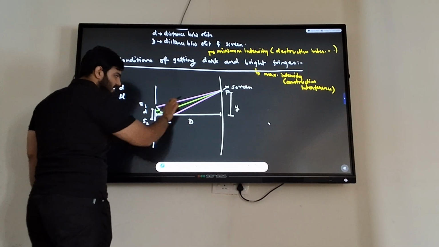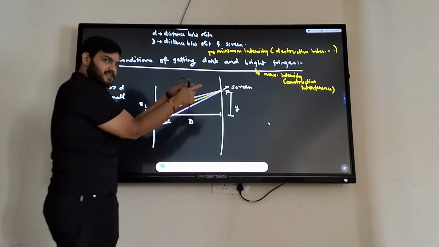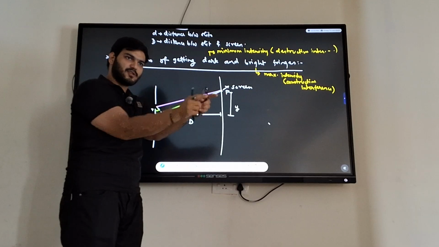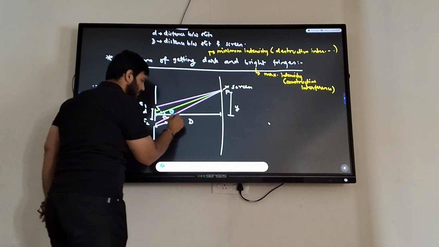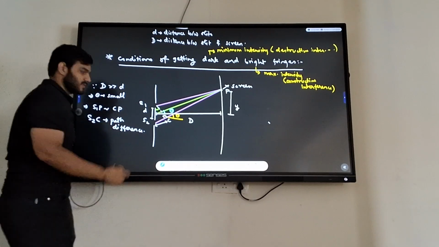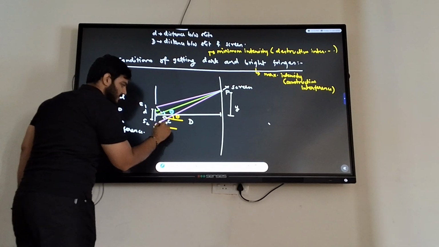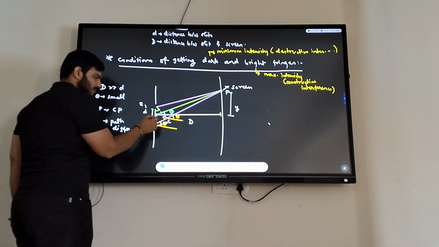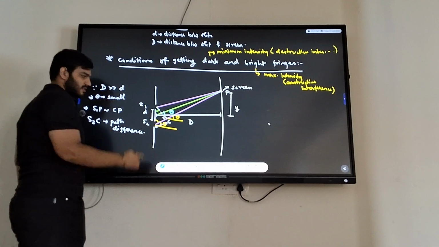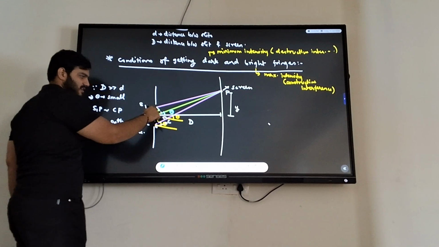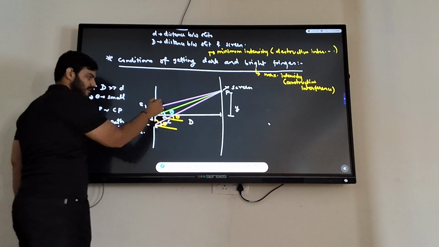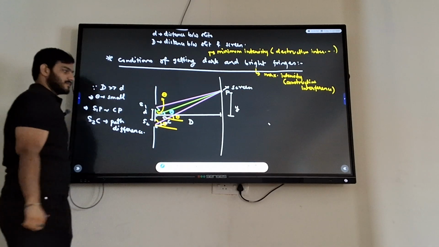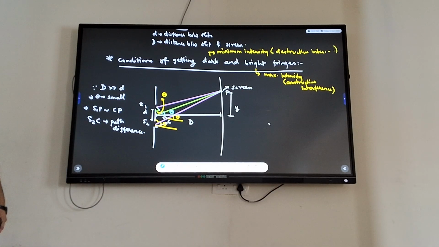If this is theta and all these lines are very very close to each other, they can be approximated to be parallel lines, then this is also theta. Then this is also theta. If that is 90 minus theta, then what is this angle? Yeah, 90 minus theta. That will be theta. Do you understand? Approximately? Good.